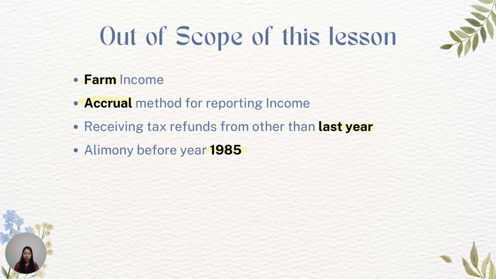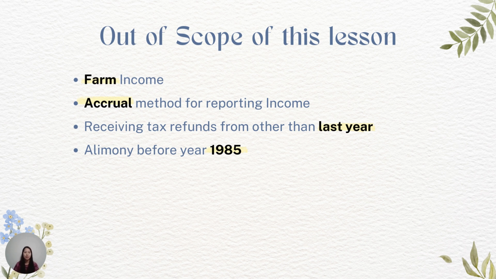Some more concepts that are out of scope for VITA volunteers are farm income and accrual. If the taxpayer owned a small business and they use the accrual method for reporting income, or if tax refunds were received from other than last year. Remember how we talked about state tax refunds?